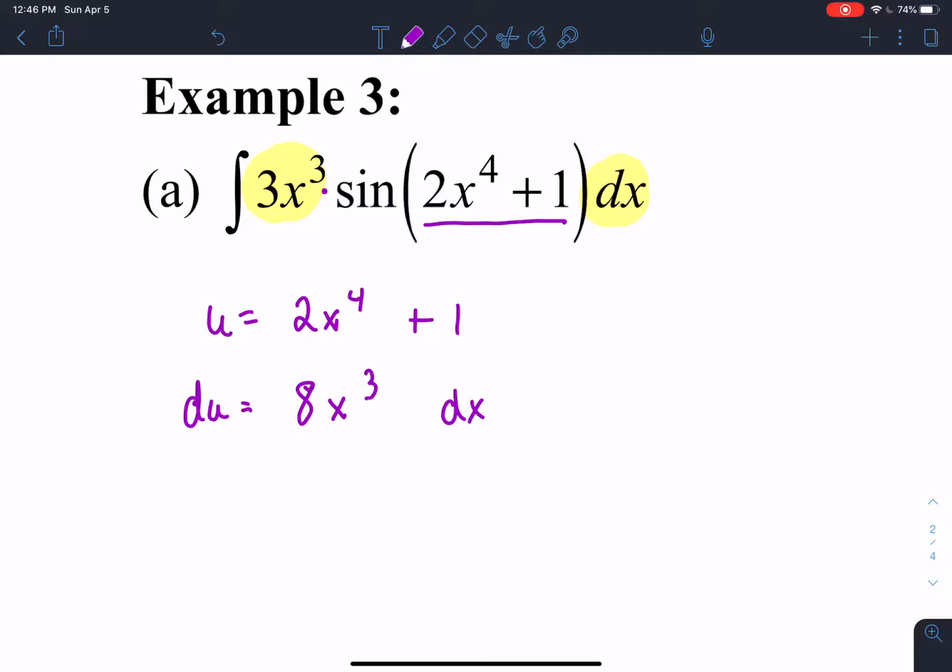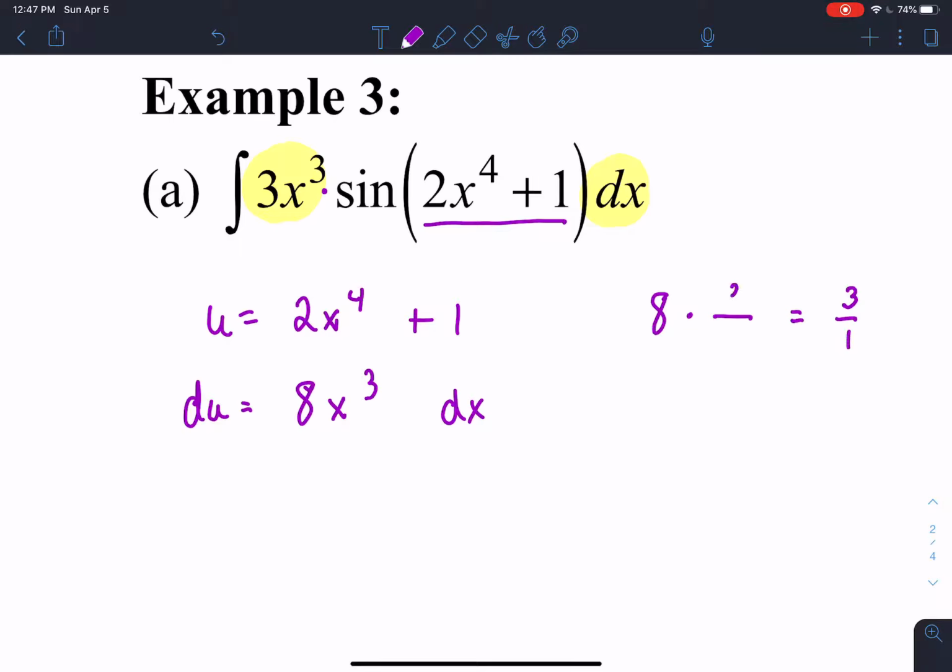If I do that off to the side, I need to multiply 8 times something so that I get just 3 over 1.